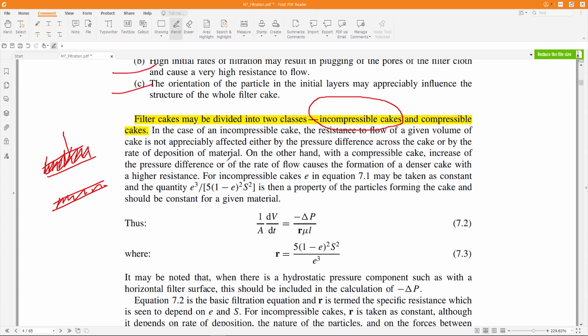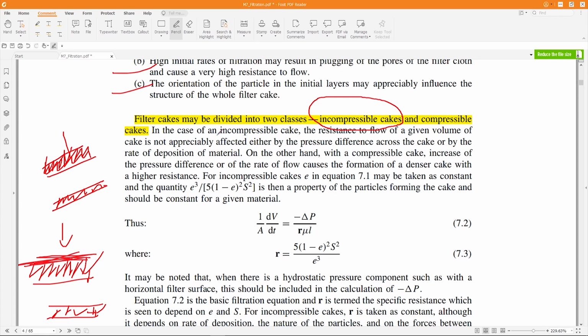But if it is a compressible cake, and this is the thickness of the filter cake formed, and you apply pressure, it gets compressed to a lower thickness. Incompressible cakes cannot be compressed by applying pressure.